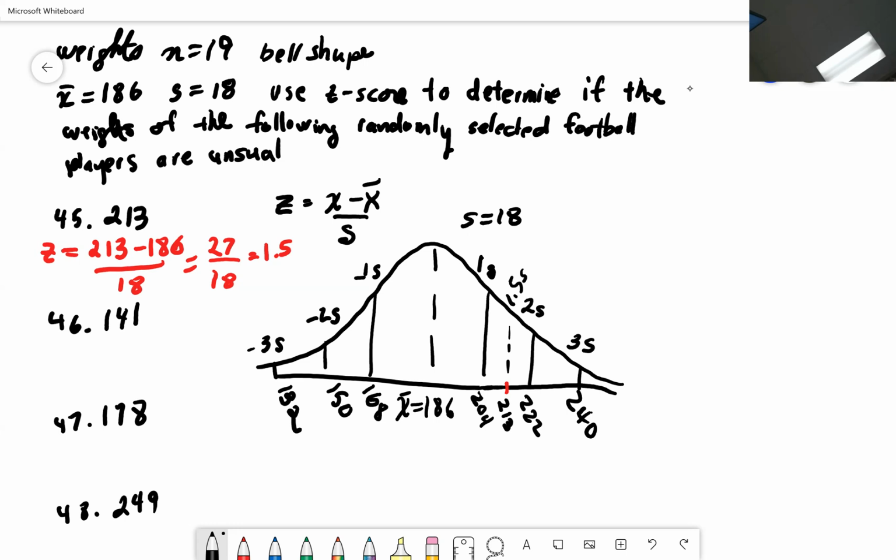By the way, we don't consider that number unusual. We consider numbers unusual if they are 2 standard deviations or more, or negative 2 standard deviations or less, from the mean. If we recall, by the time we got to 2 standard deviations, we have 95% of the data contained within there.